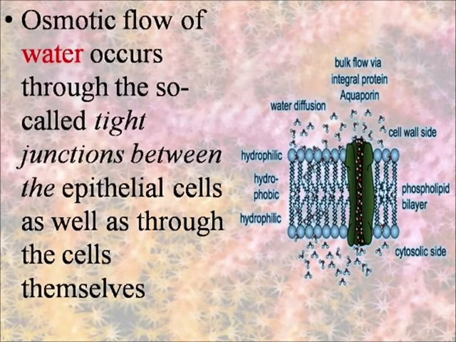This is especially true in the proximal tubules, which have a high permeability for water and a small but significant permeability to most ions such as sodium, chloride, potassium, calcium, and magnesium. As water moves across the tight junctions by osmosis, it can also carry with it some of the solutes, a process referred to as solvent drag.